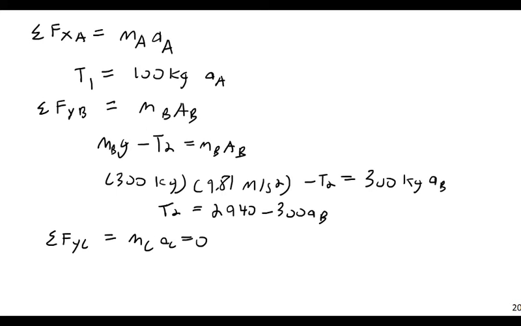I can neglect the MC AC term of the pulley, and it's not because the acceleration is 0. It is accelerating. Rather, it's because the mass is 0. So for any object, whether the acceleration is 0 or the mass is 0, it will be neglected in this side of the equation.